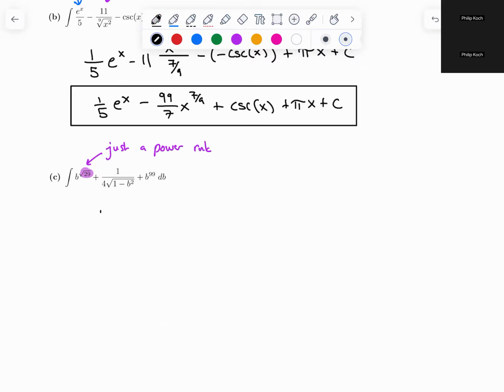This becomes b to the square root 29 plus 1 divided by square root 29 plus 1. That's all it is. And you could write it as 1 over square root 29 plus 1 times the quantity b to the square root 29 plus 1. That's fine, but this is fine too. And I'm not interested in trying to rationalize the denominator. That's unnecessary work.